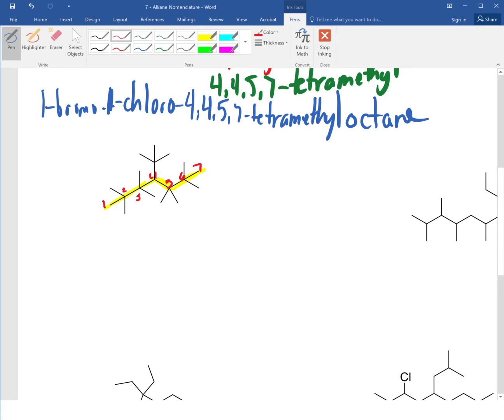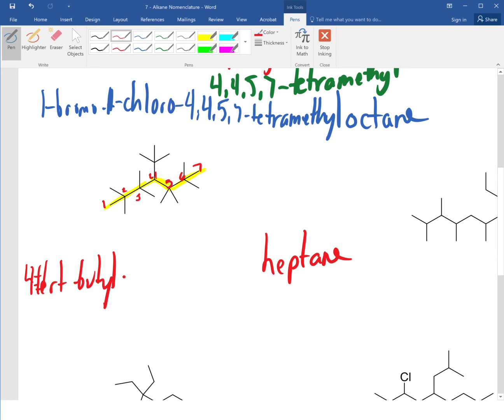So you can see we have a total of 7 carbons here for heptane. At the 4th carbon, we have a tert butyl group. Remember that gets alphabetized under B. And then we have a lot of methyl groups.